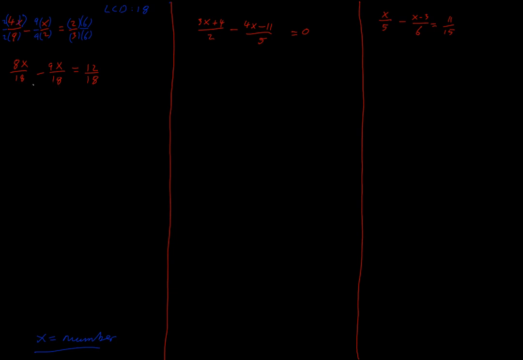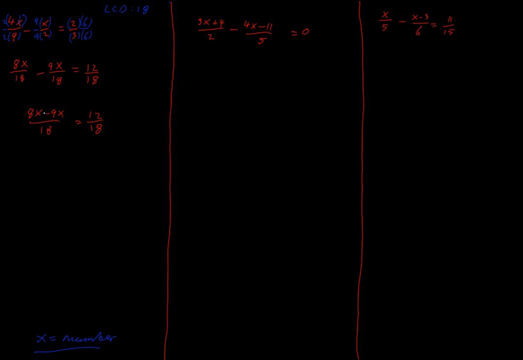Now we have everything over 18. I can write these two fractions here as a single fraction. So I can have 8x, sum up my numerators, 8x minus 9x all over 18 is equal to 12 all over 18. Now the reason why we want to write a single fraction equal to a single other fraction with the same denominator is it helps us to avoid mistakes with our minus signs.